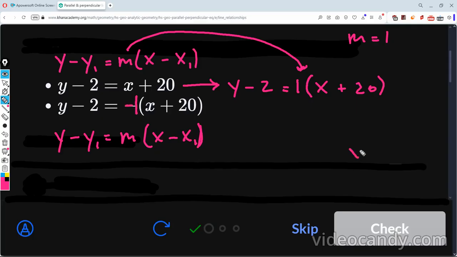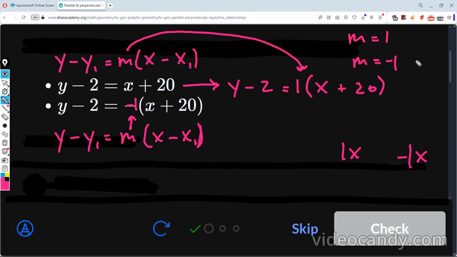Remember, if you have x, that's the same thing as 1x. And if you have negative x, that's the same thing as negative 1x. So if you put a 1 behind that negative sign, it's the same thing. If you distribute the negative to x and 20, or distribute a negative 1, it's going to be the same thing. So we can clearly see this slope m is negative 1.